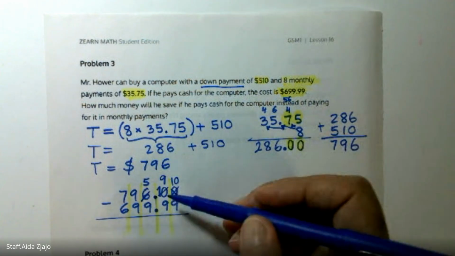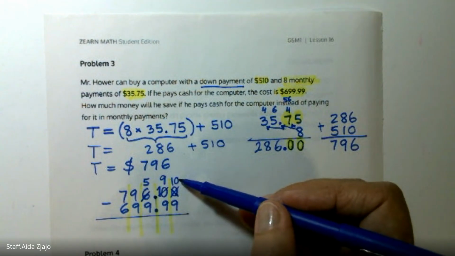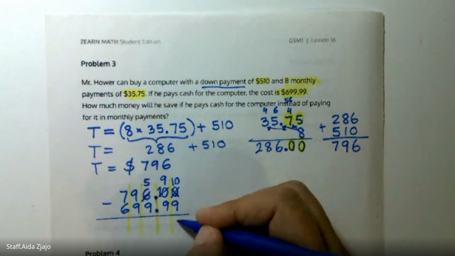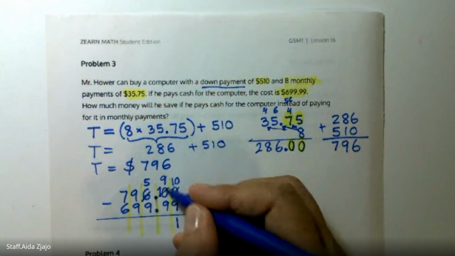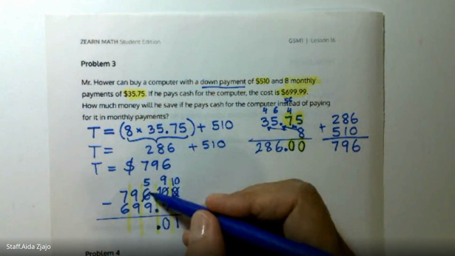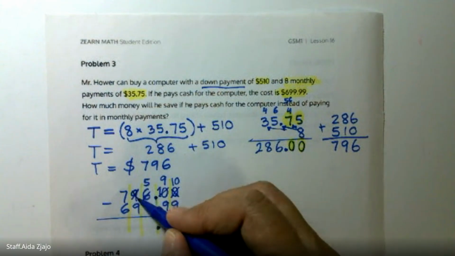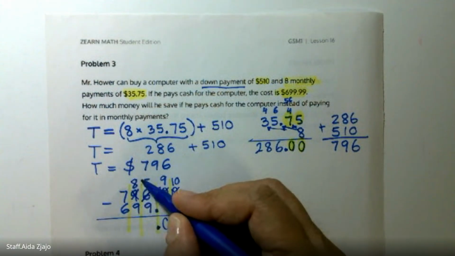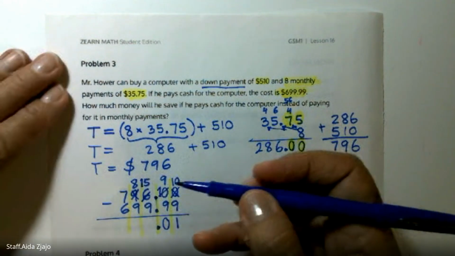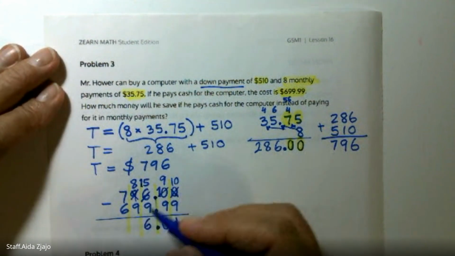So when you change the bigger value to the smaller, you get 10 pieces of the smaller value. 10 minus 9 is 1. 9 minus 9 is 0. Decimal point. You cannot subtract 5 minus 9, so you have to regroup, and then 10 plus 5 is 15. So now 15 minus 9 is 6.